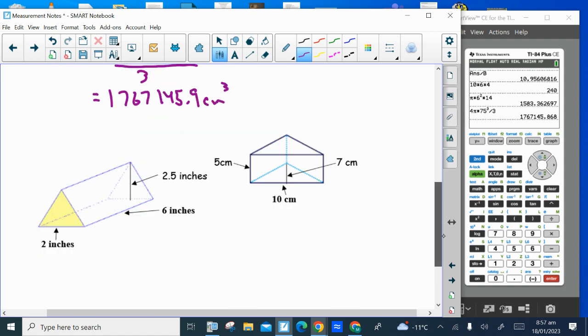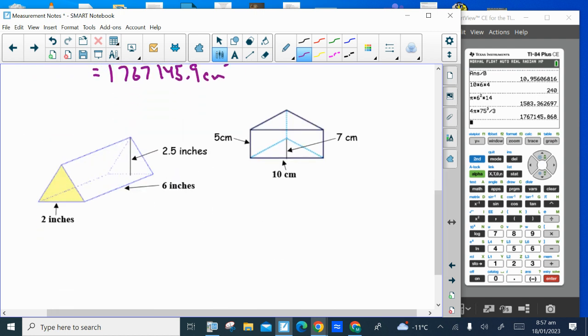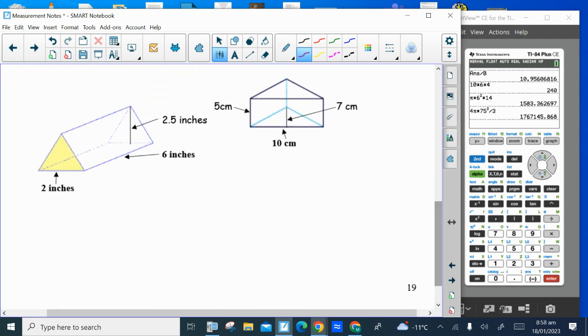Let's skip down to the one directly below the one we just did, because this is a triangular prism. The formula for the volume of a triangular prism is length times width times height all over 2. The length is 6 inches, the width is 2 inches, and the height is 2.5 inches.